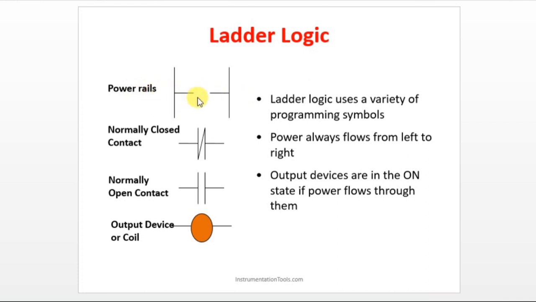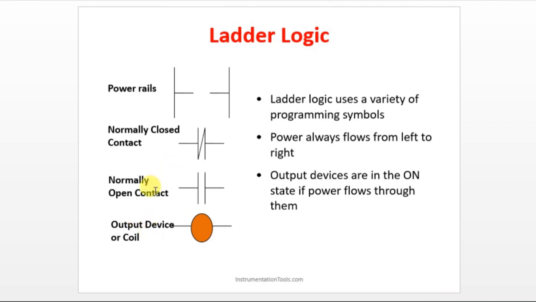We have 3 major instructions, the important terms when it comes to programming. Those are normally open contact, normally closed contact, and output coil.